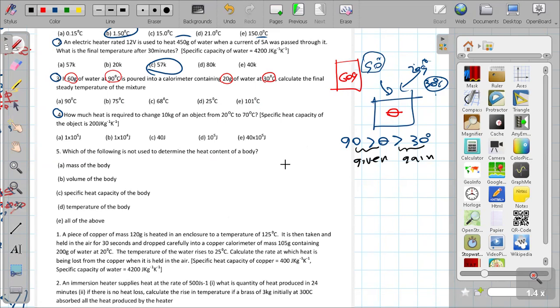Right. Water at 90 given: m1 c (90 minus theta). Can you understand? Because the temperature difference is from 90 to theta. On the other side, m2 c, and theta is bigger, so theta minus 30.